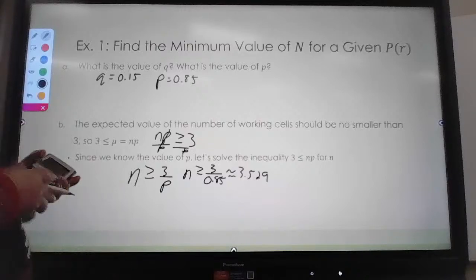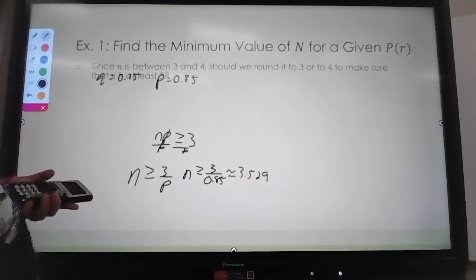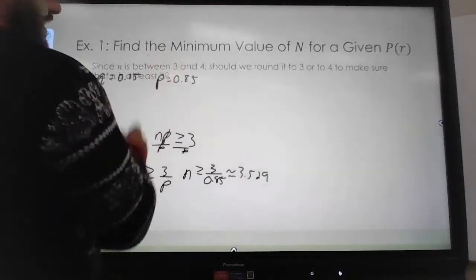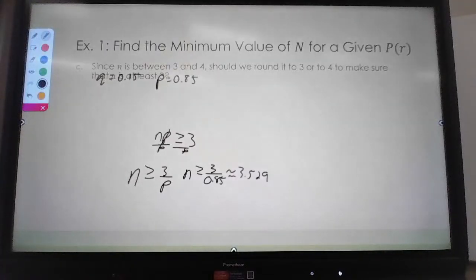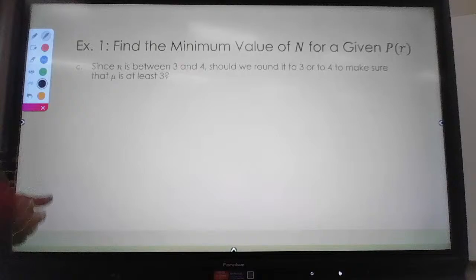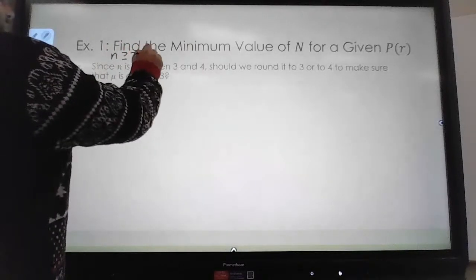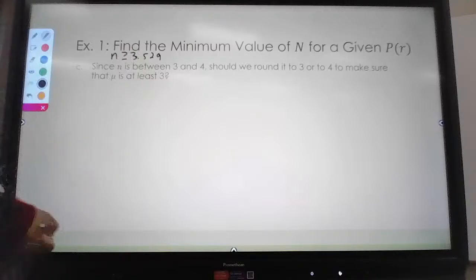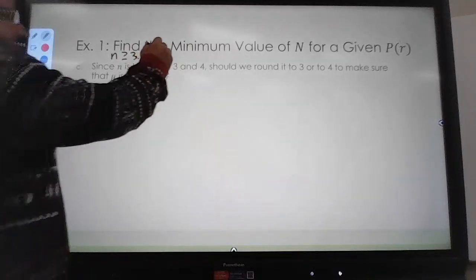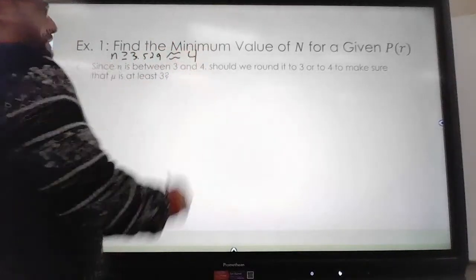All right, so since n is between 3 and 4, should we round it to 3 or 4 to make sure that we have at least 3? Well, if n has to be greater than or equal to 3.529, and we're talking about whole working cells, we really should round this up to 4.